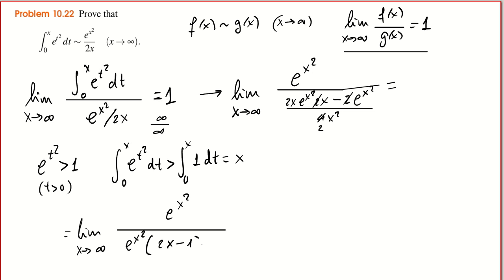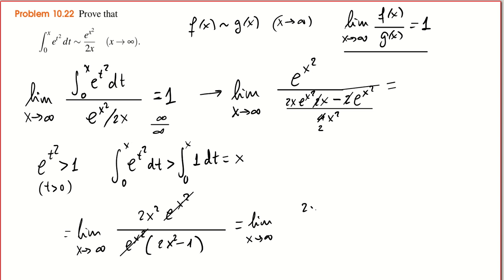Sorry, there are 2x here, so this is 2x squared minus 1. Now this exponential cancels, and that simplifies a lot the calculation of this limit.